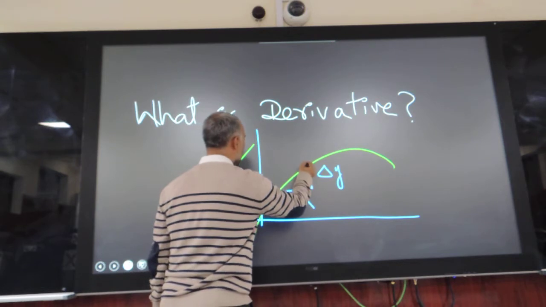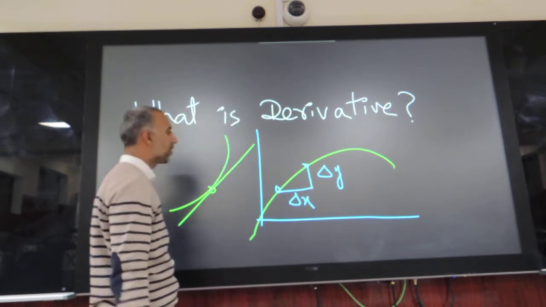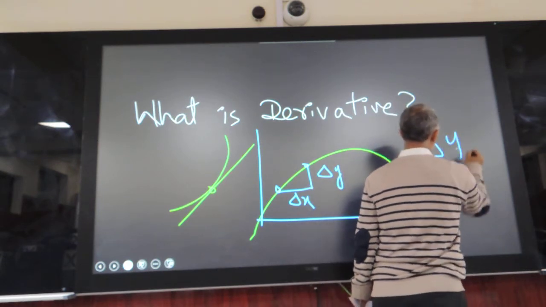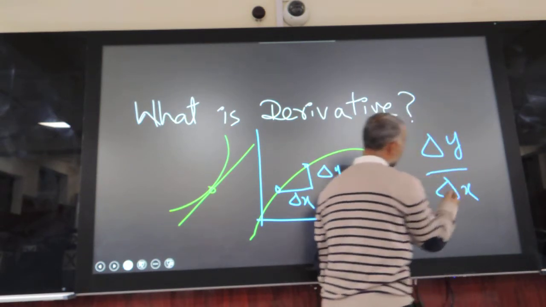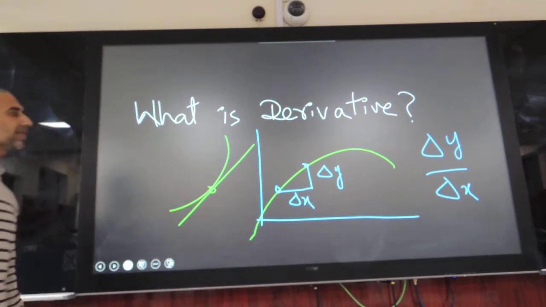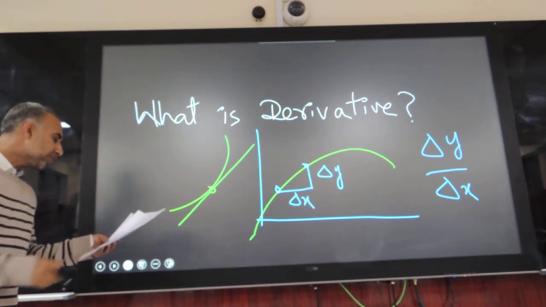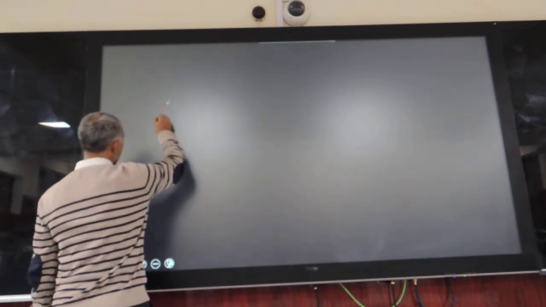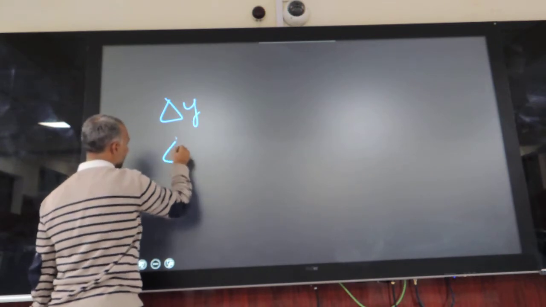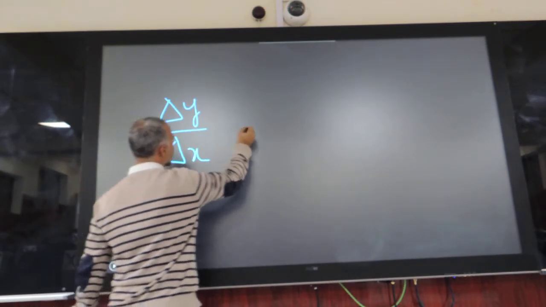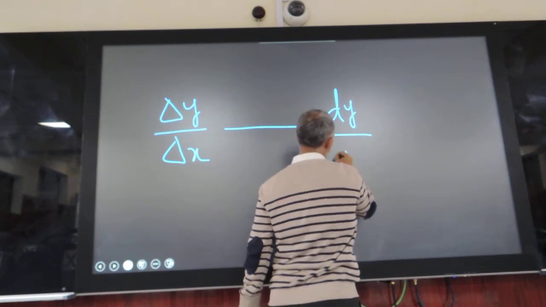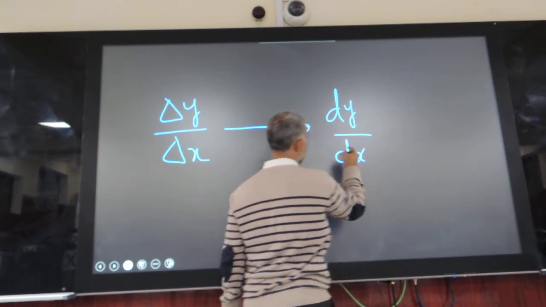From this point to this point it is the slope of the normal line, or we can write this in rise over run form like this. So it is telling us the average rate of change. But in this concept, we consider delta y or delta x approaching small, at an instant.